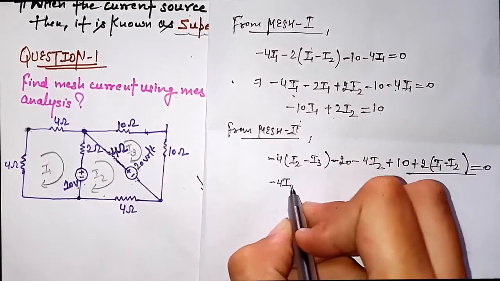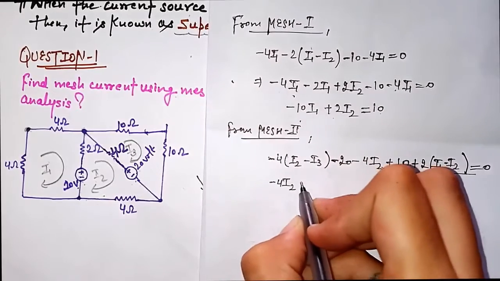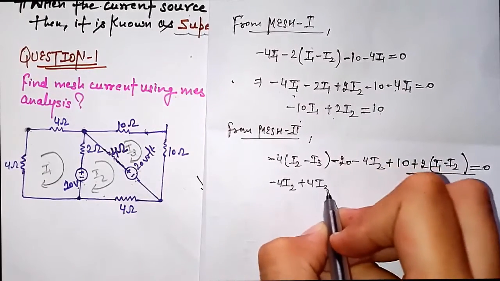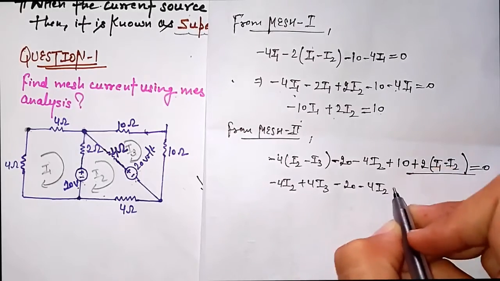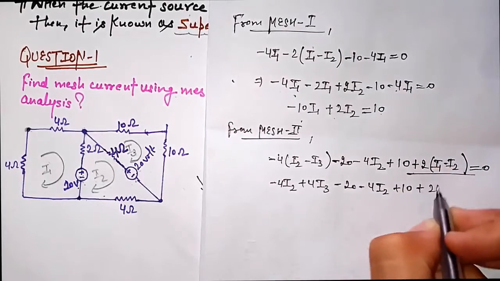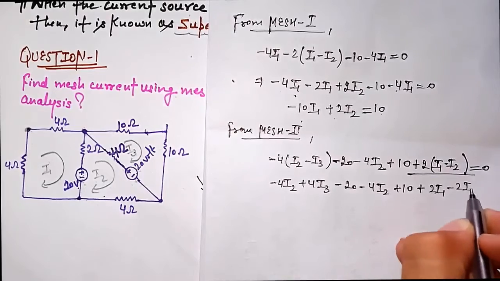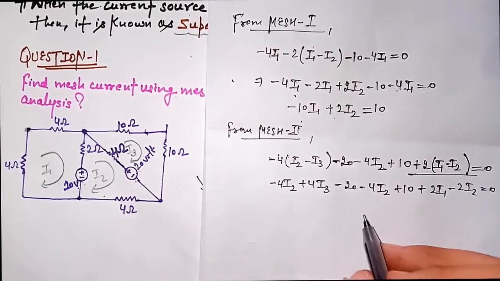Minus 4I2 plus 4I3 minus 20 minus 4I2 plus 10 plus 2I1 minus 2I2 is equal to 0.